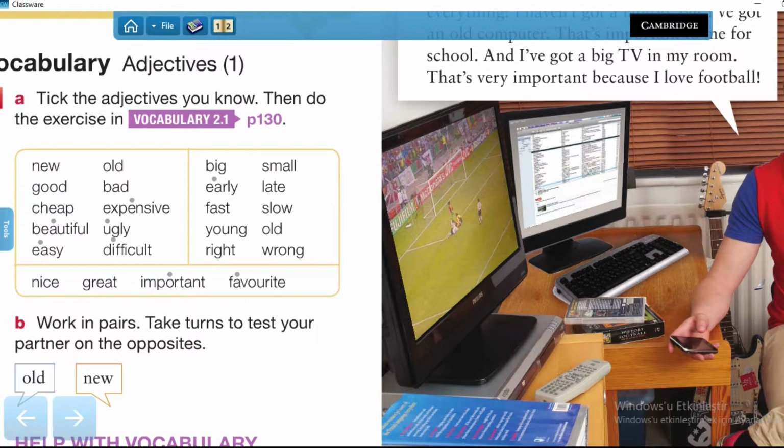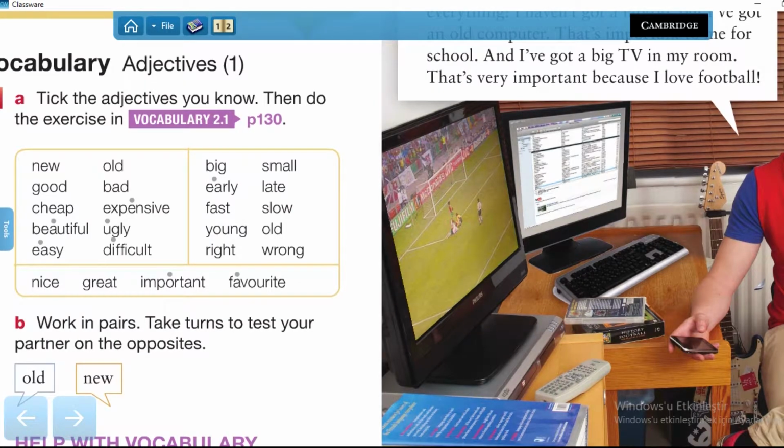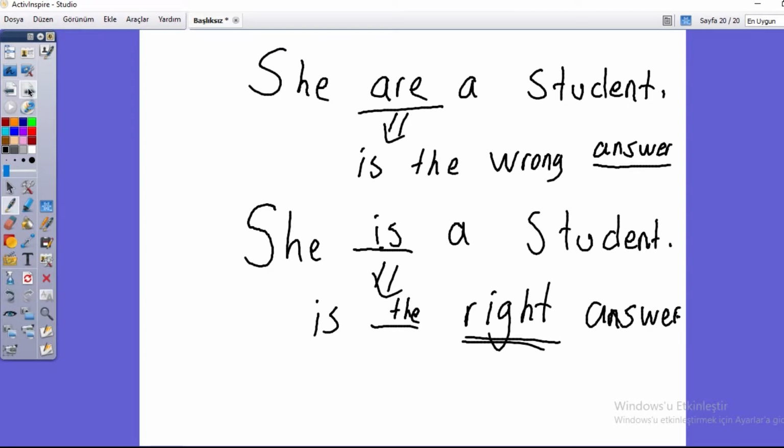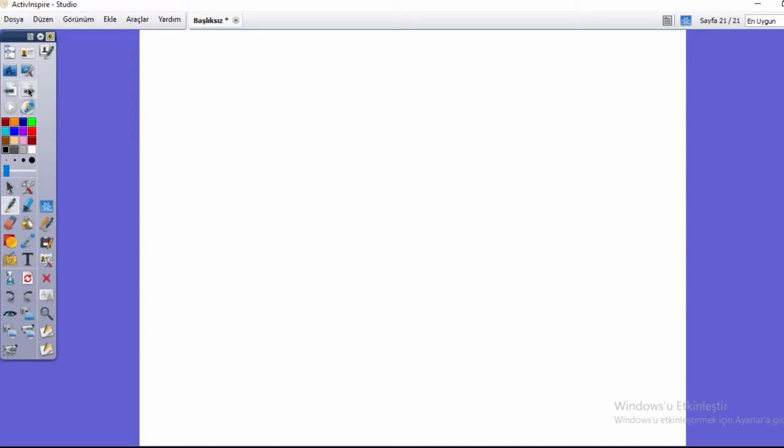We have also nice, great, important, and favorite. Let's start with nice. Like Marmaris is a nice place for summer holiday.